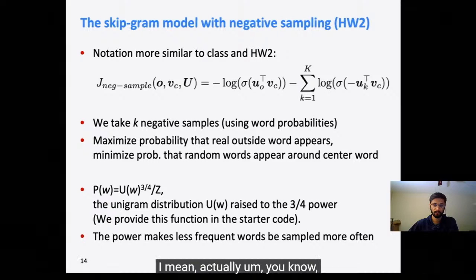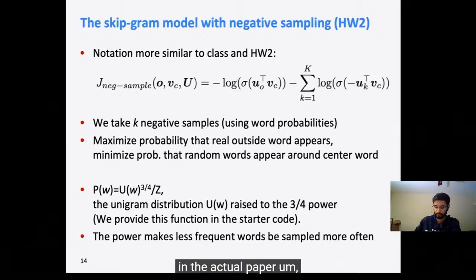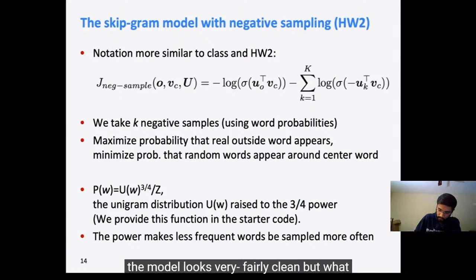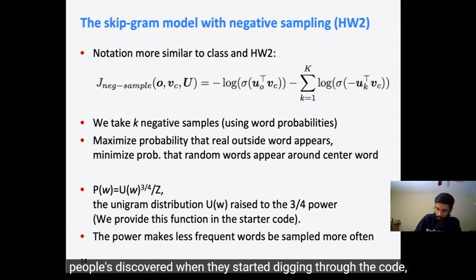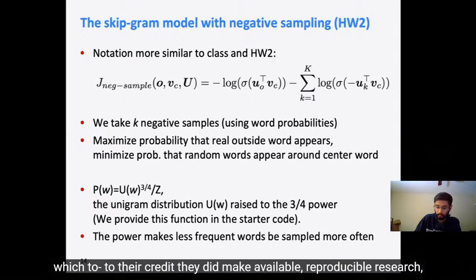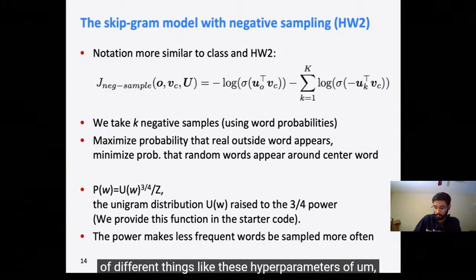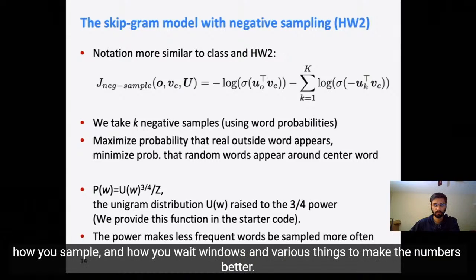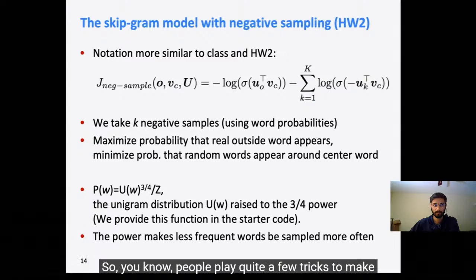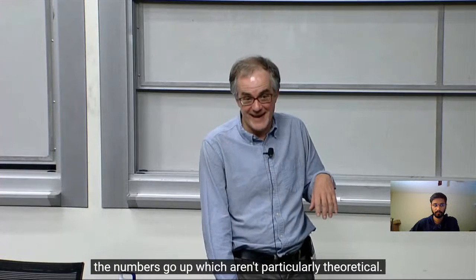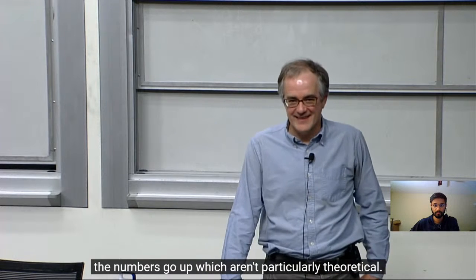For this word2vec paper, the model looks fairly clean in the actual paper, but what people discovered when they started digging through the code, which to their credit they made available, reproducible research, is that there are a whole bunch of tricks, like these hyperparameters of how you sample and how you weight windows and various things, to make the numbers better. So people play quite a few tricks to make the numbers go up, which aren't particularly theoretical.